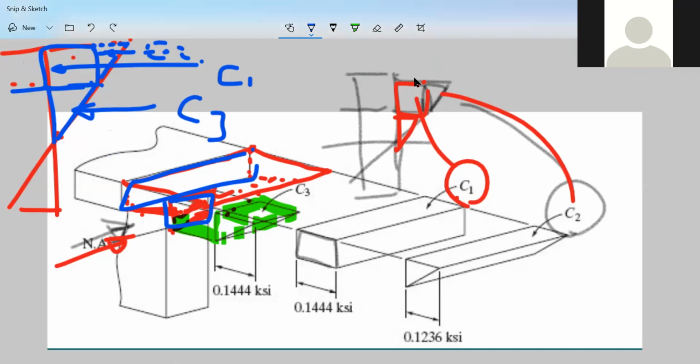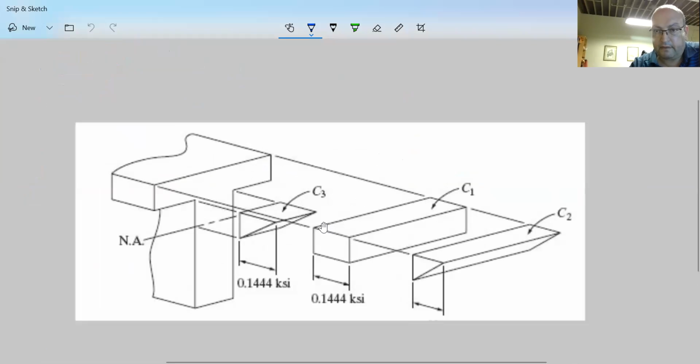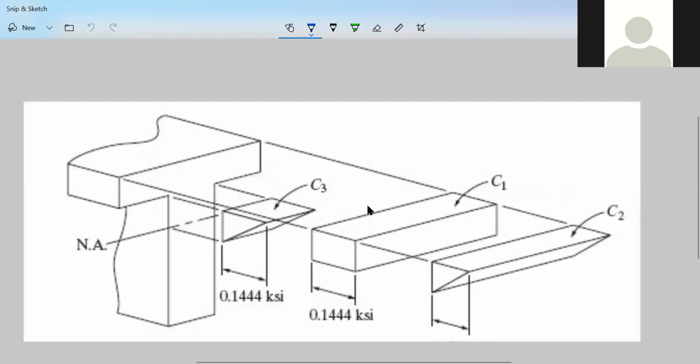Just clean it. You guys see my screen now? Yeah. Okay, good.